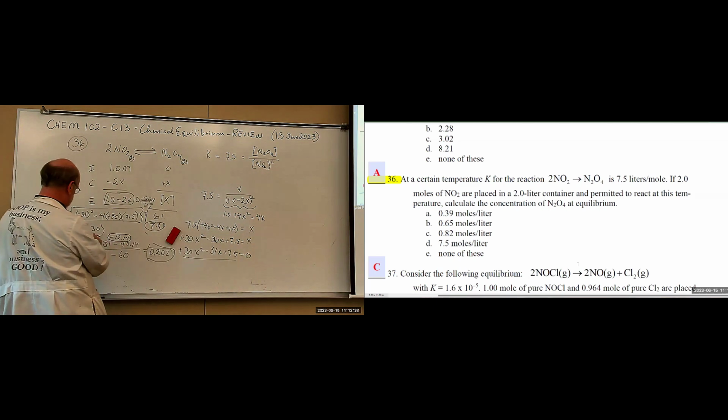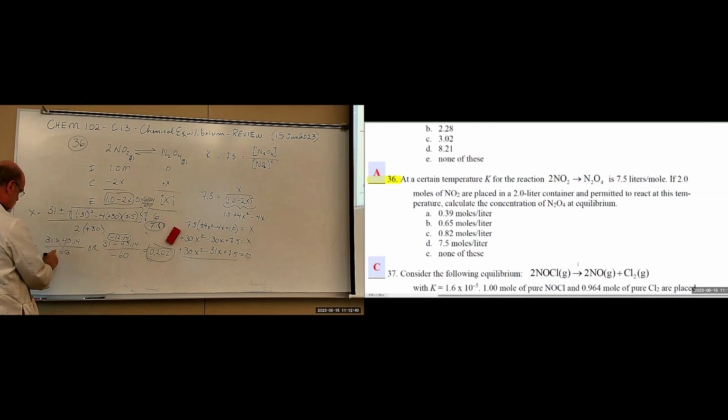And 30 here, this is a positive. But this one is 31 minus 7.81. So 31 enter, 7.81 minus, and 60 divide. This one is 0.387.